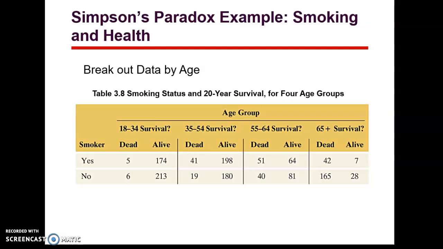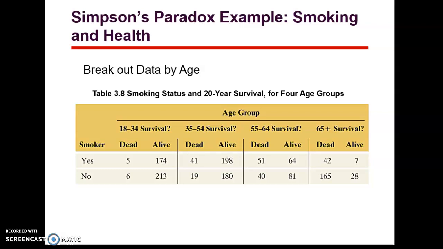But as you keep coming from left to right with age, you notice the numbers change. So 5 compared to 174, 174 is really quite a bit bigger. It's about 35 times as big. The next column, 41 compared to 198, that's maybe 5 times as big. 55 to 64, they're getting close to a 1-to-1 ratio.